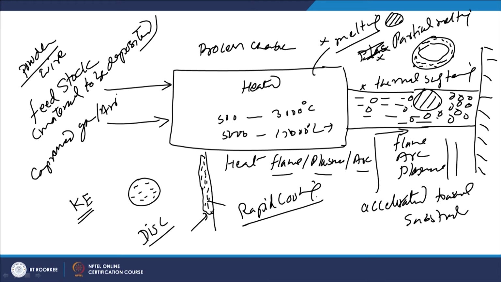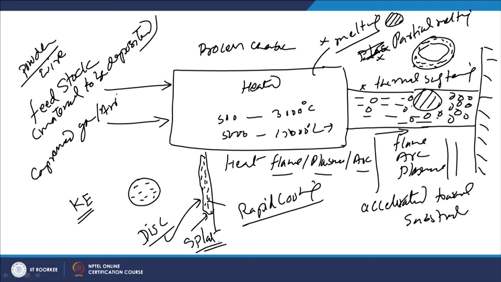Because of this rapid cooling, wherever the impingement of the particles takes place, the molten particle will get solidified with the surface of the substrate. This is how each particle will impinge with the surface of the substrate or already deposited material layer, and this kind of disc shape structure which is formed after the impingement of the molten particle with the surface of the substrate is called a splat.